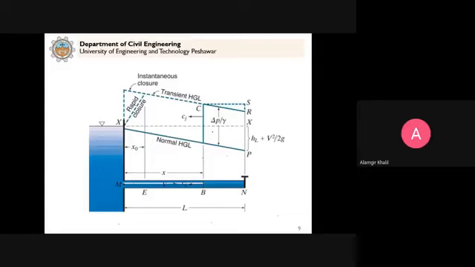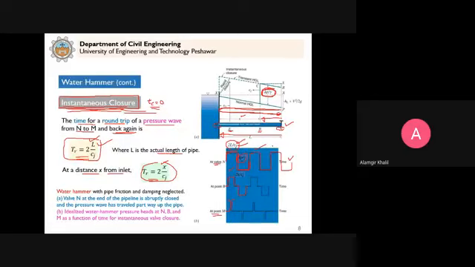And we studied that the further the point is located from the reservoir, the more time the pressure will stay there. If the point is closer to the reservoir, the lesser time the pressure increase will remain there. But it is the same delta P by gamma, which will remain for shorter and shorter time as we consider points near the reservoir. And then we discussed how to calculate this delta P by gamma increase in pressure. So we developed the formula.